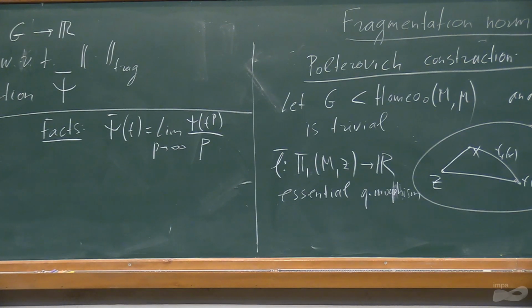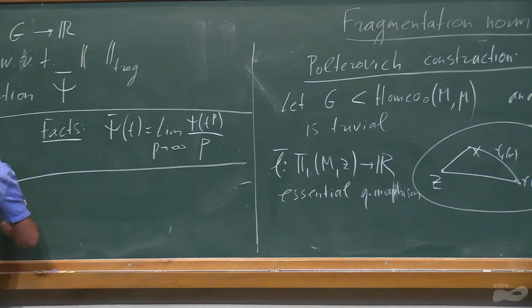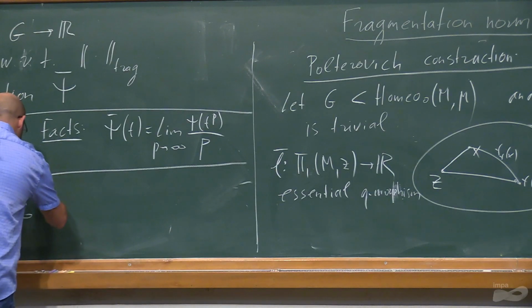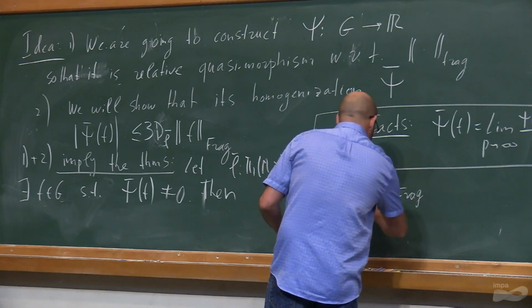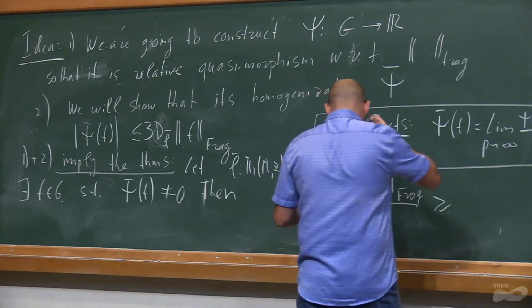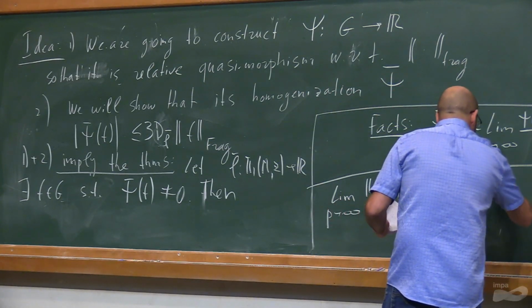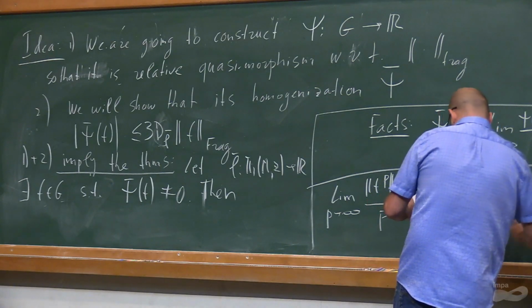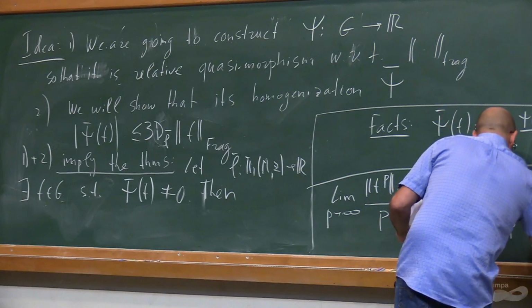Then, maybe I'll write this down here. The limit, when p goes to infinity, of the fragmentation norm of f to the power p divided by p is greater than or equal to the limit of psi bar of f to the power p divided by 3p multiplied by d phi.